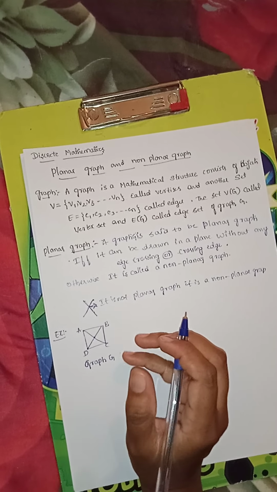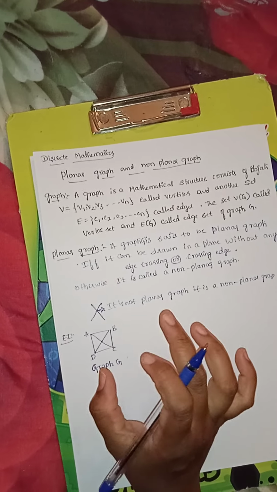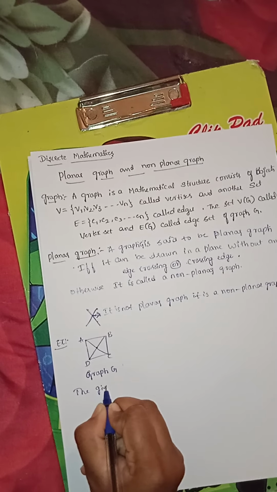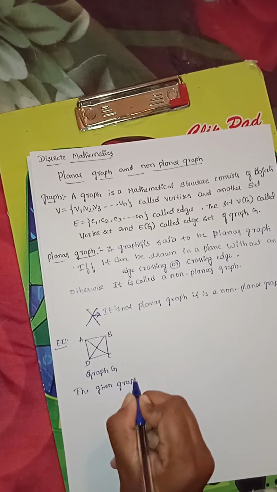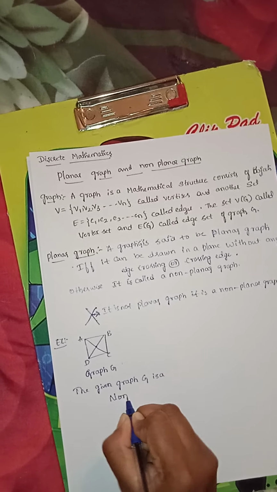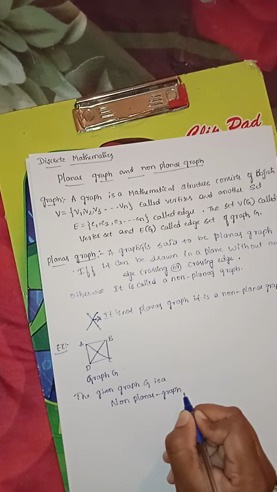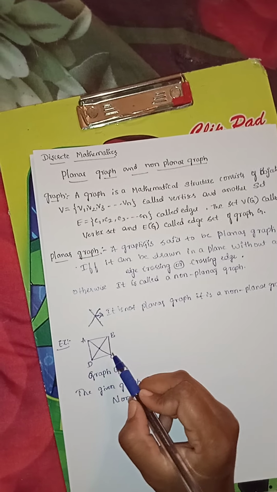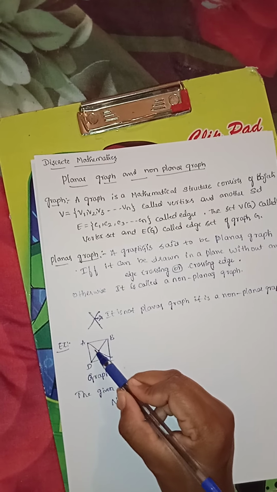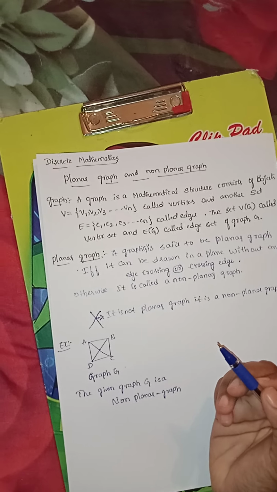So this graph is considered a non-planar graph, because the edges A-C and D-B are crossing each other.